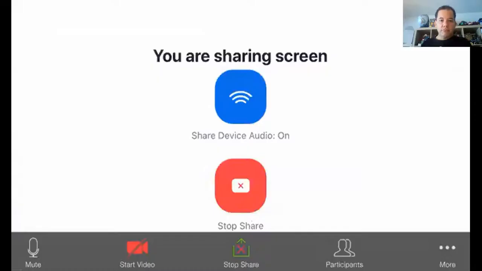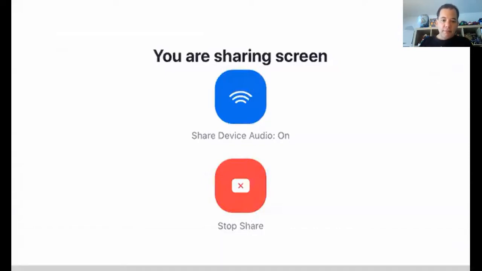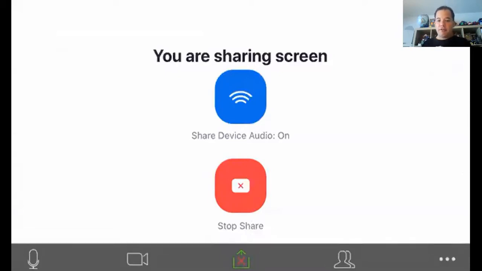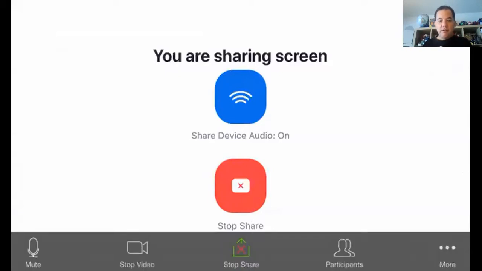I changed the setting. If you're using video, just put your solution in front of the camera. And we'll take a look at it. Could you see what I'm showing? We see a screen that says you are sharing screen. Hold on.